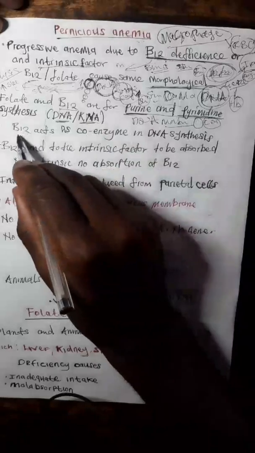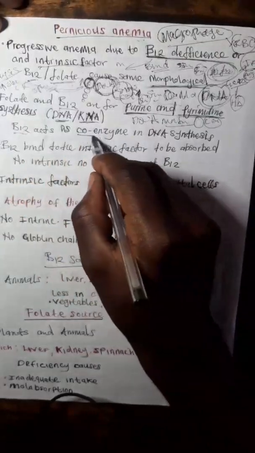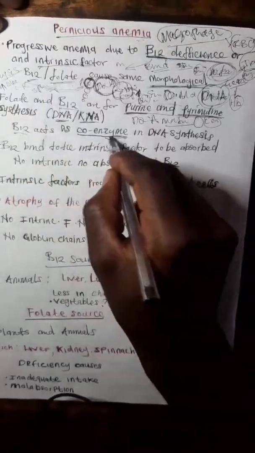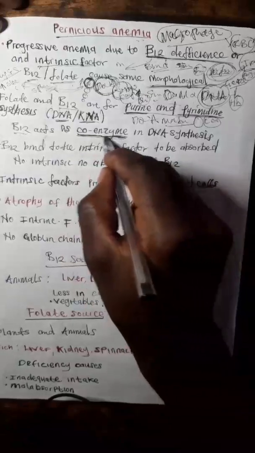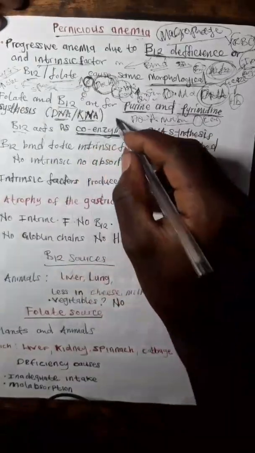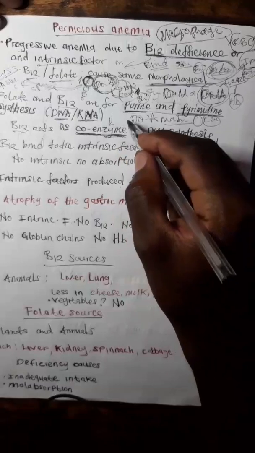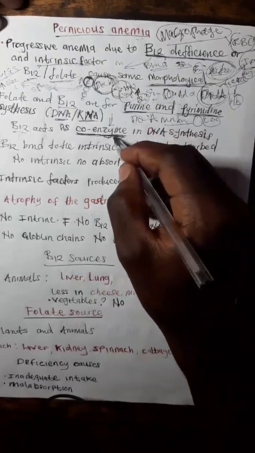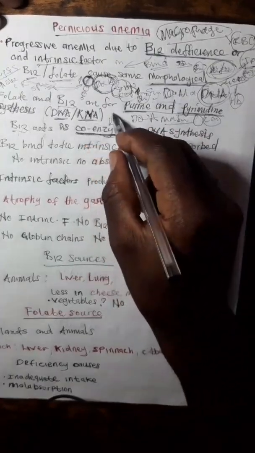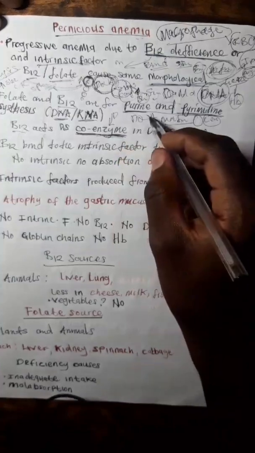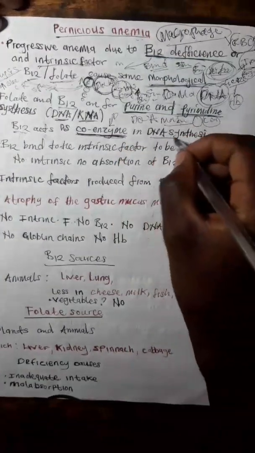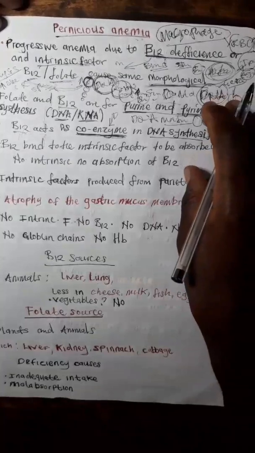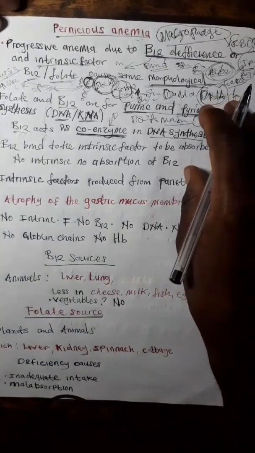Basically, B12 and folate act as coenzymes. They work together with the enzyme that is responsible for DNA and RNA synthesis. So they bind to an enzyme and activate it in order to synthesize DNA.